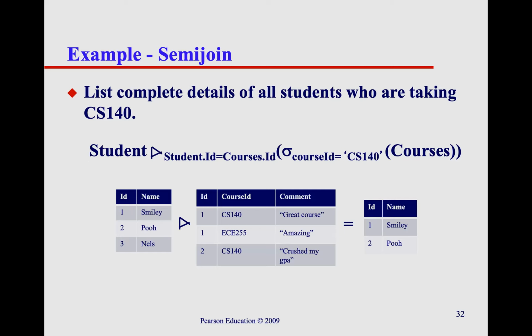So that's why we say order is important in the relational algebra, because it can affect how efficiently the operation is performed.